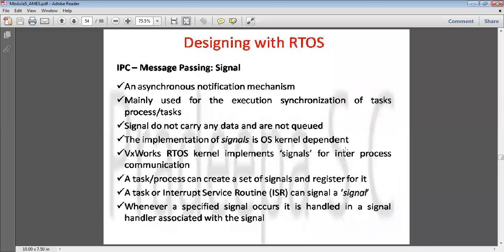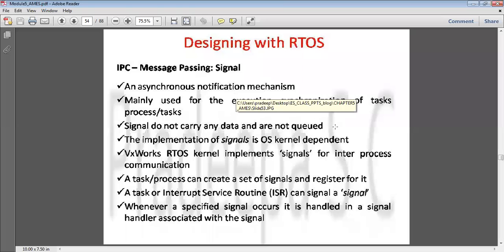With the help of signals also, the two processes can communicate. One thing you have to remember is that they are asynchronous. That means a process can send a message to another process at any time. It is not scheduled in advance, so we can say that it is asynchronous in nature.